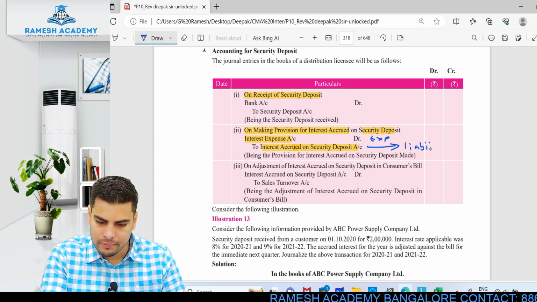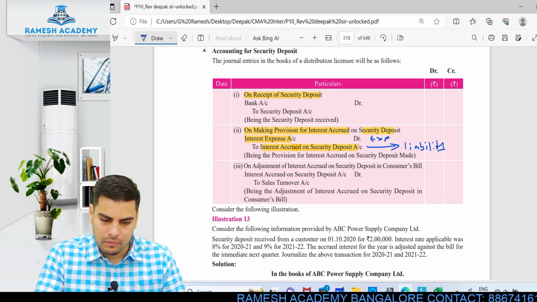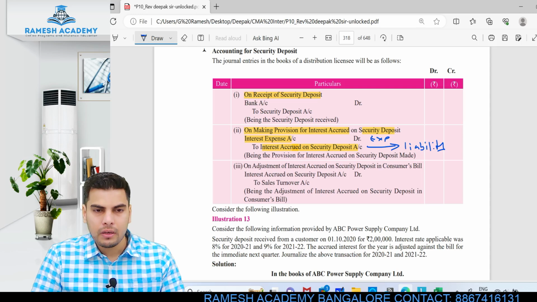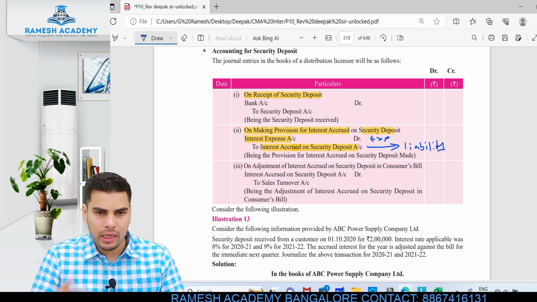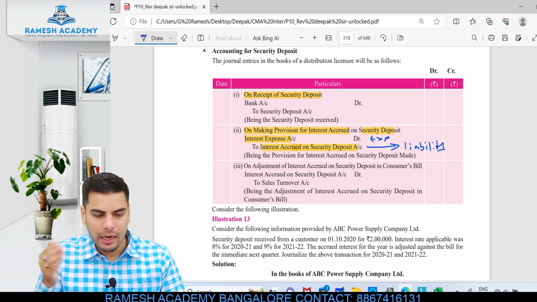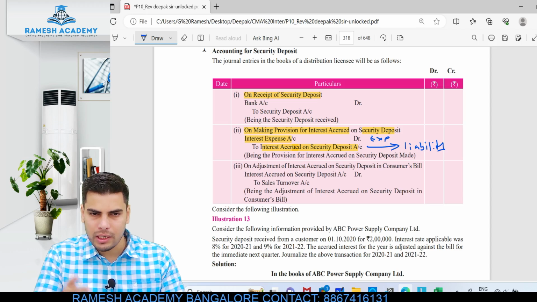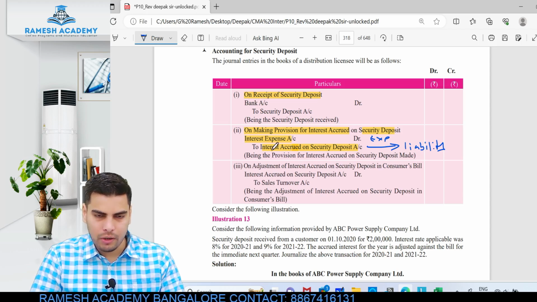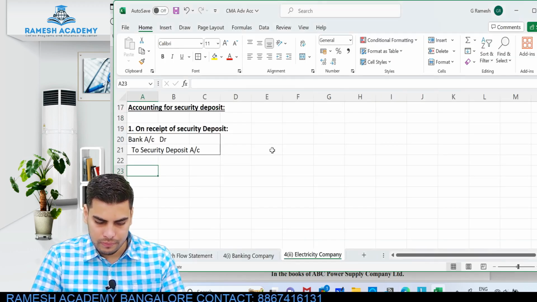Clear? Just like how we record outstanding rent, rent account debtor to outstanding rent, here instead of calling it outstanding interest, we are just calling it interest accrued.